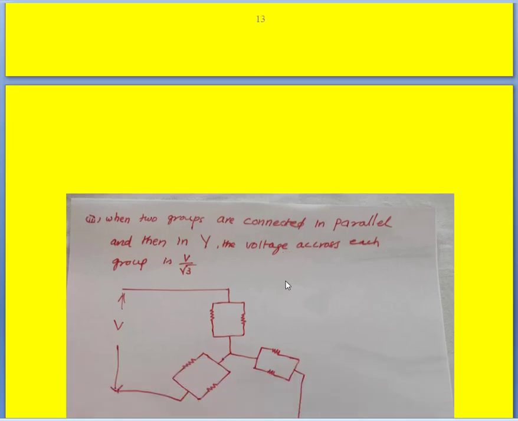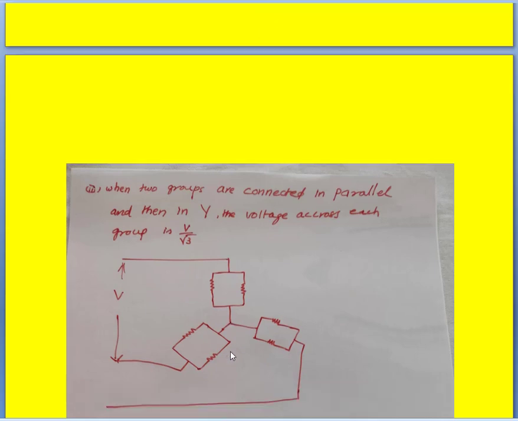So let us see another possibility. Suppose all these three groups are connected first in parallel, then in star, like this. This is one group resistance, this is another group resistance connected in parallel. Here also in parallel, here also in parallel. But ultimately they are connected in star form, like this.